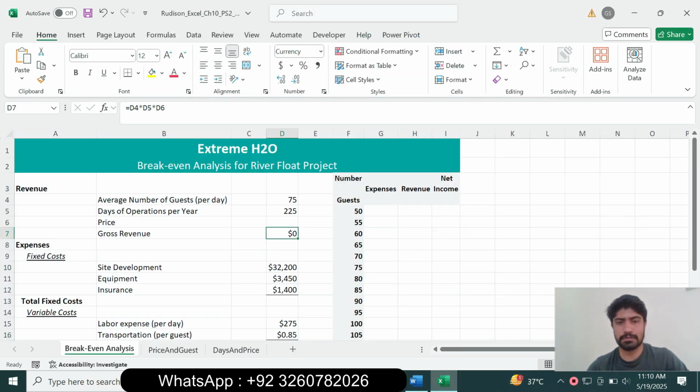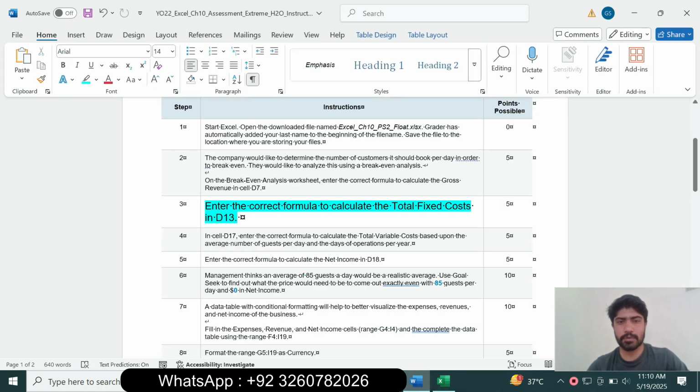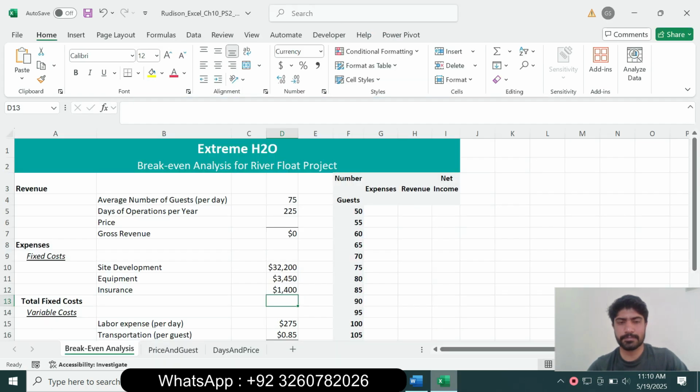Go to D13, select the cell D13 and enter the correct formula to calculate the total fixed cost.